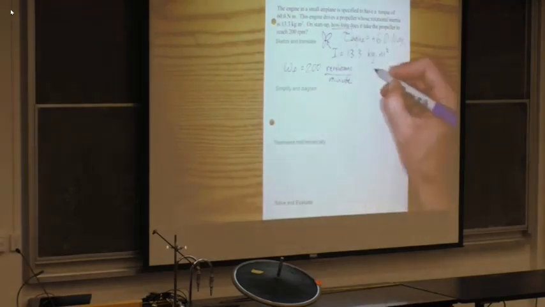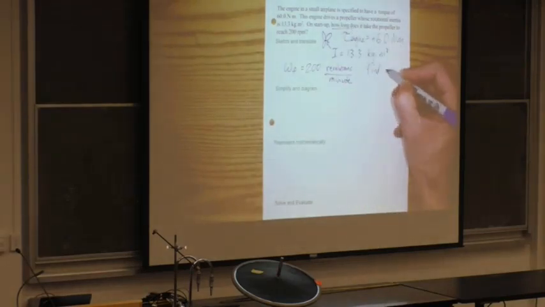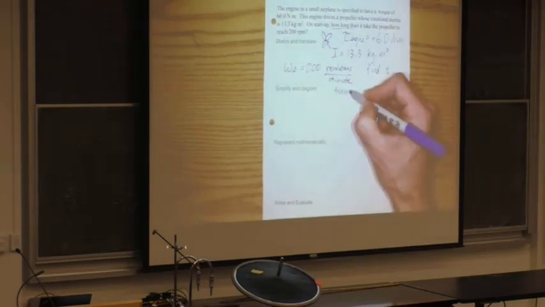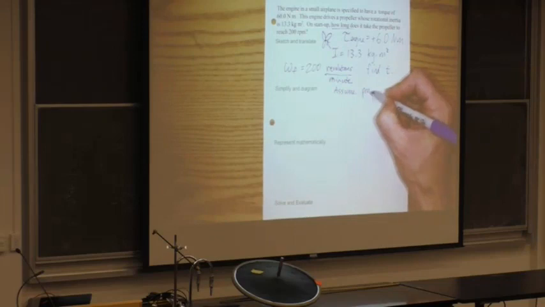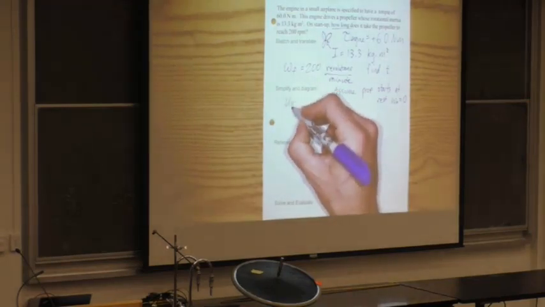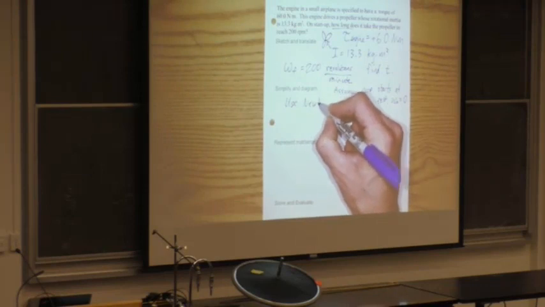And it's saying how long, so that means find t. I think we're going to assume that the propeller starts at rest, so omega 0 equals 0. Otherwise we can't do this. So we're going to use Newton's second law for rotation.